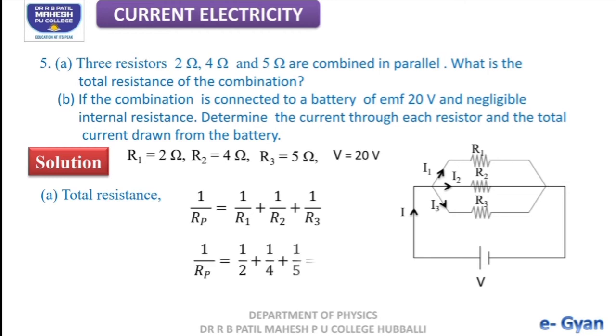We get 1 by Rp is equal to 1 by 2 plus 1 by 4 plus 1 by 5. Taking LCM of this and simplifying, we get 19 divided by 20. Now Rp is equal to 20 divided by 19, that is equal to 1.05 ohm. The effective resistance of this combination is equal to 1.05 ohm.